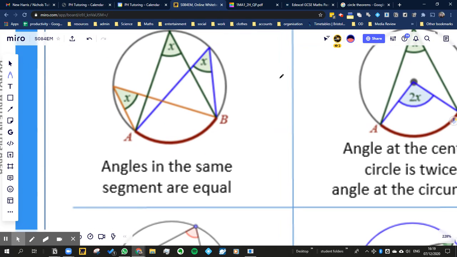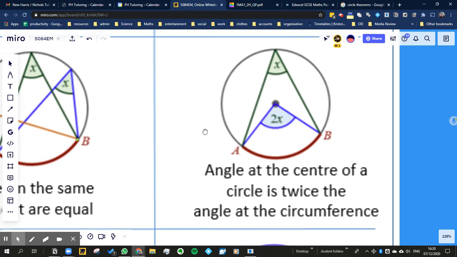Another one: if you take 2 points on a circle, like A and B, and then you draw an angle from there to the edge and back, you can draw it to any edge, and they will always be the same angle. That can be quite a useful one. That's the third.